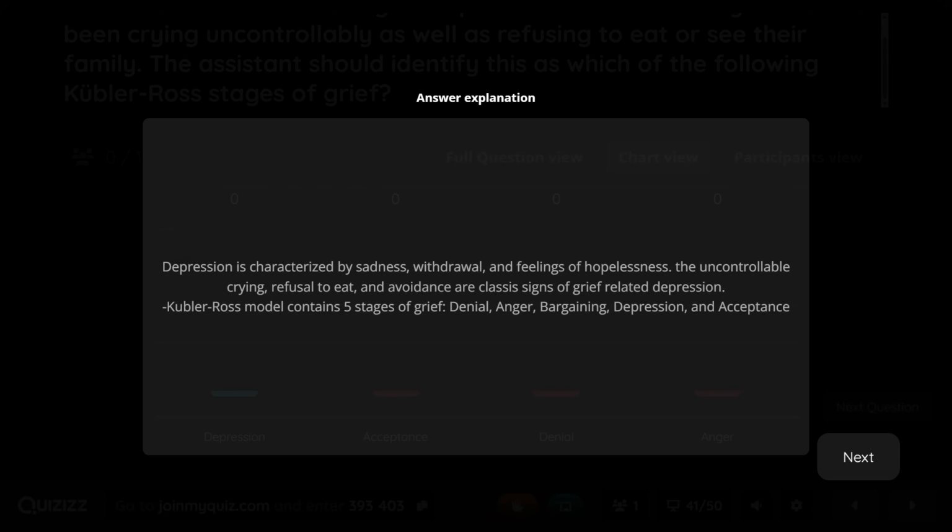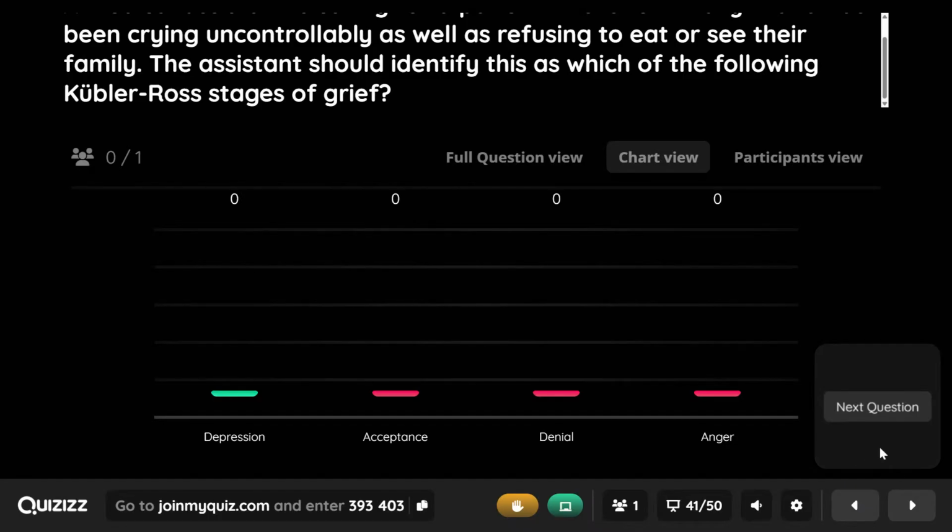With this scenario, the patient's uncontrollable crying, the refusal to eat, and also the avoidance are classic signs of grief-related depression. Now, when we're talking about the 5 stages of grief, this includes denial, anger, bargaining, depression, and acceptance. Good job, you guys. Next question.